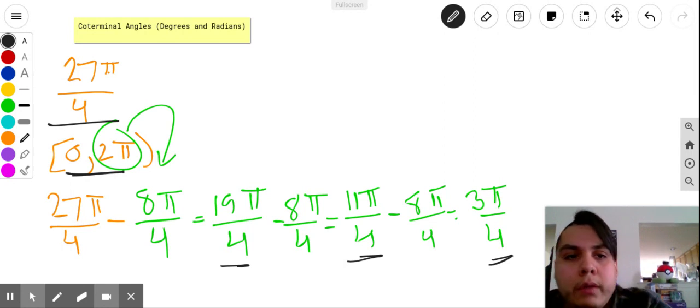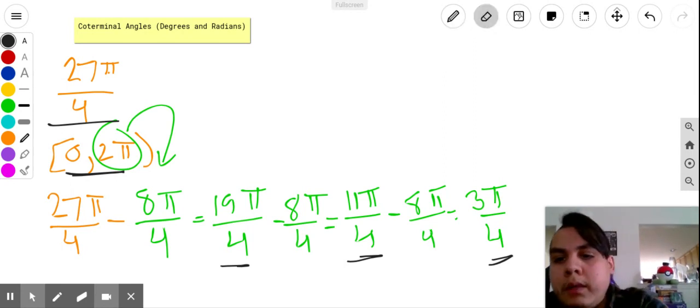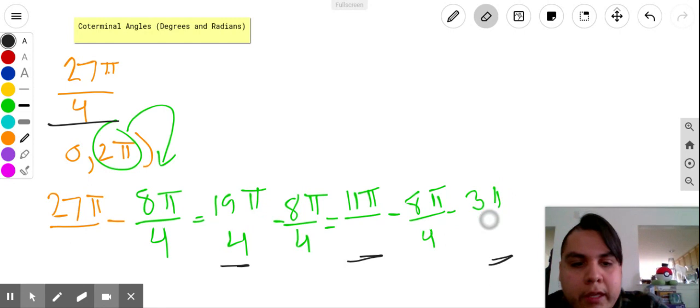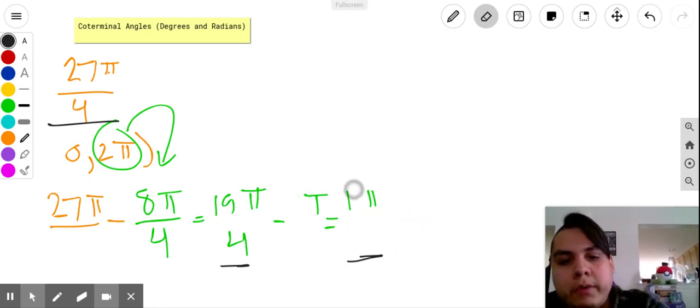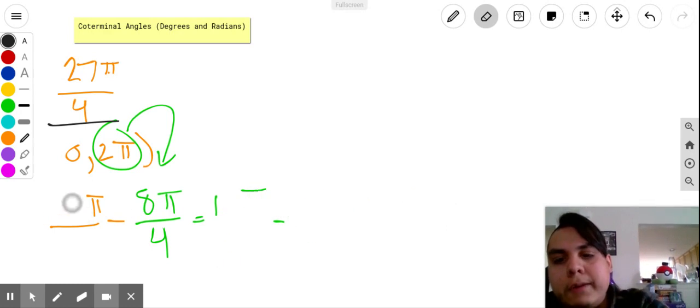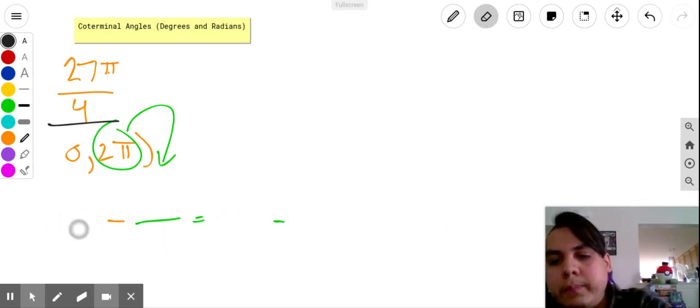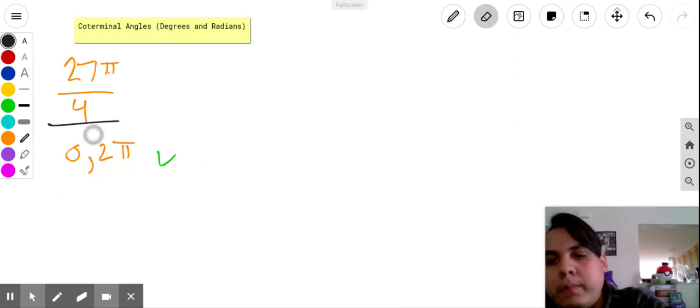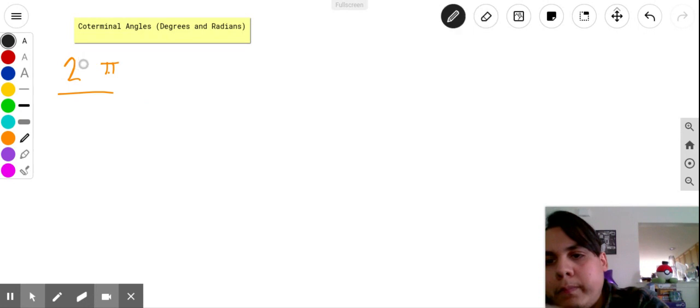So let's try another one. And I'm going to think of a nice prime number to use. So let's make it 29 pi over 6. All right. 29 pi over 6.